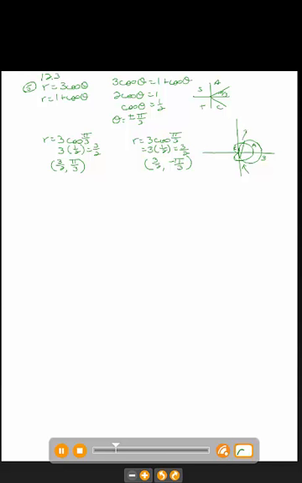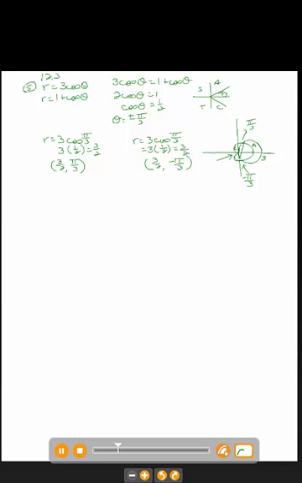So this spot right here is your pi over 3, and this spot over here is your negative pi over 3. So you see there is actually a third spot that they have in common. But the question here is, when does that happen?